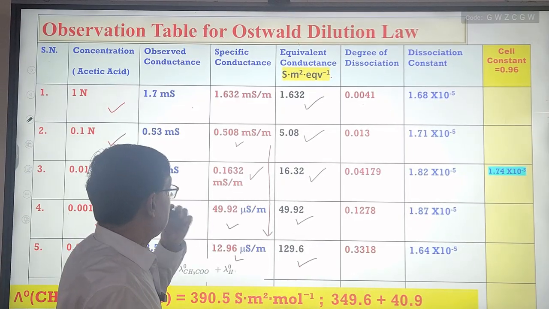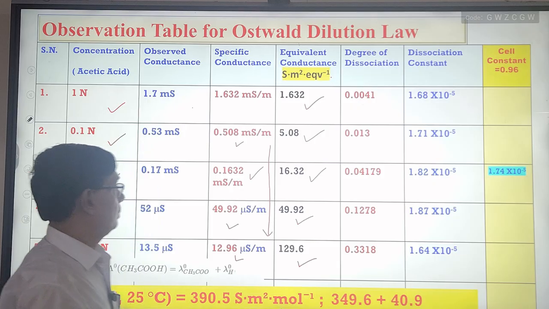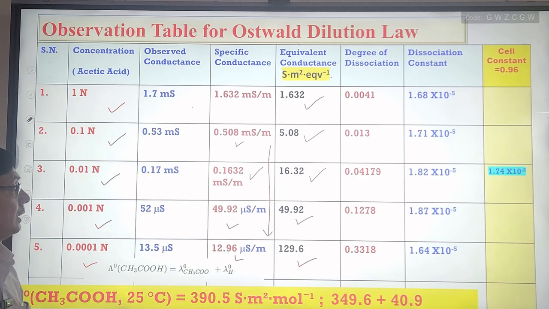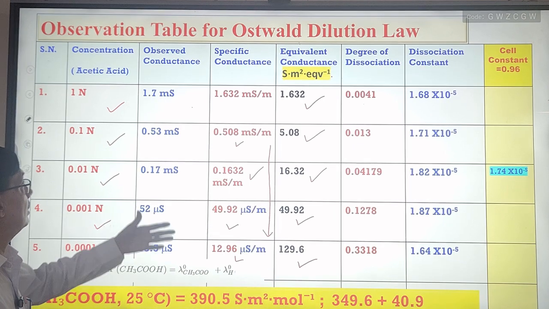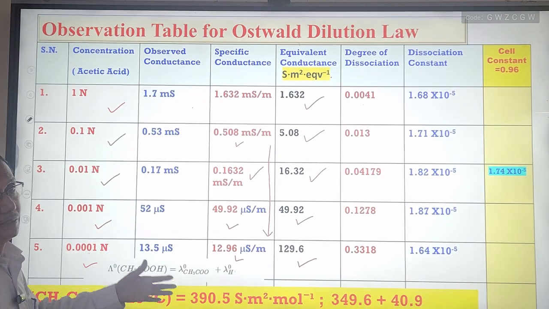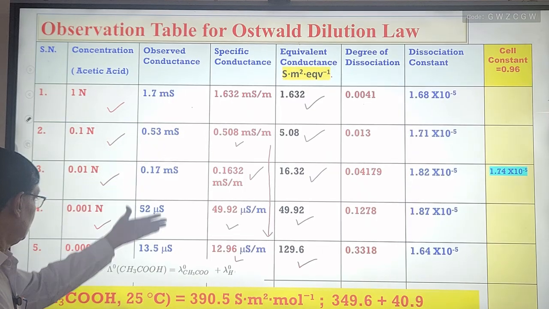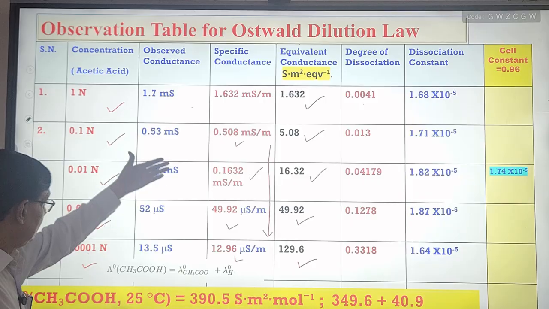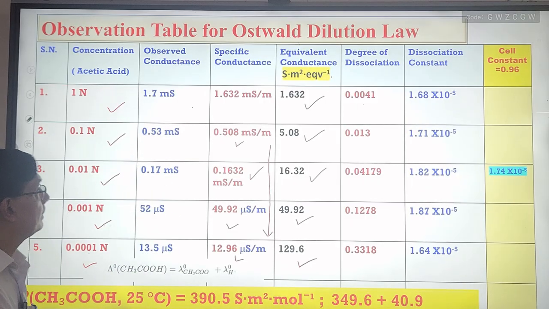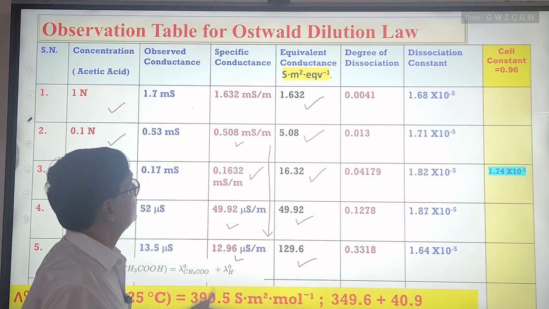So why is it important? Because when you study in your theory classes the effect of dilution on the conductance, there is a specific reason for that. In observed conductance, when I dilute the solution, the conductance decreases. Here also conductance decreases.